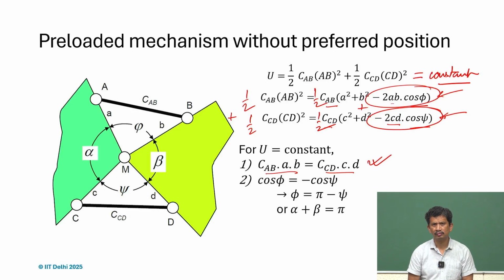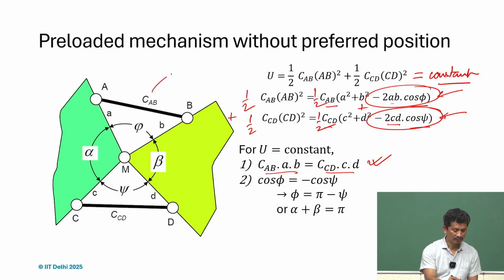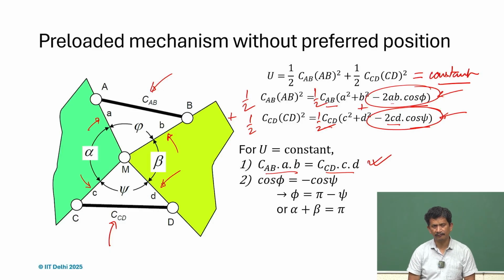If we get this condition, CAB times A times B is equal to CCD times C times D, then these two terms will be the same and cancel. Very easy to remember: CAB times A times B has to be equal to CCD, the stiffness, times the lengths C and D.